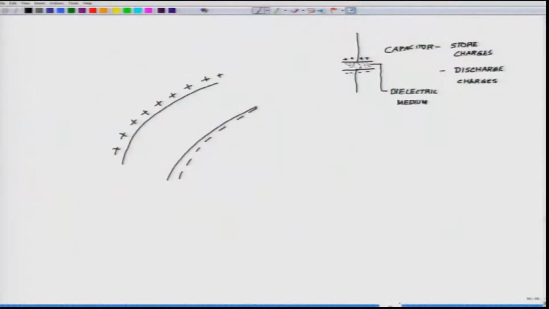Historically, when a membrane is treated as a component of an electrical circuit, this is called the equivalent circuit model of the cell membrane. Fine.